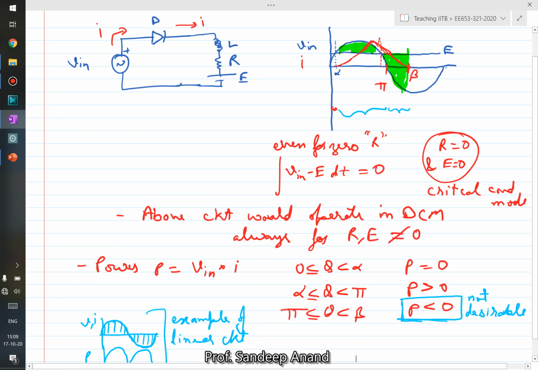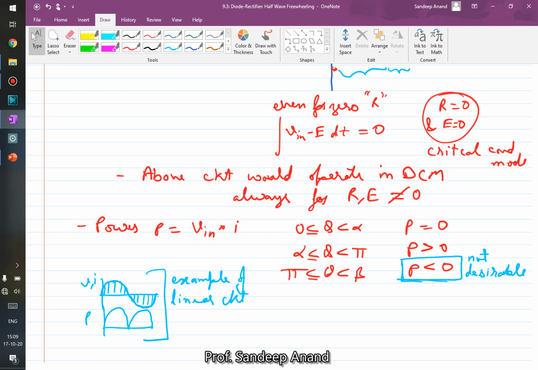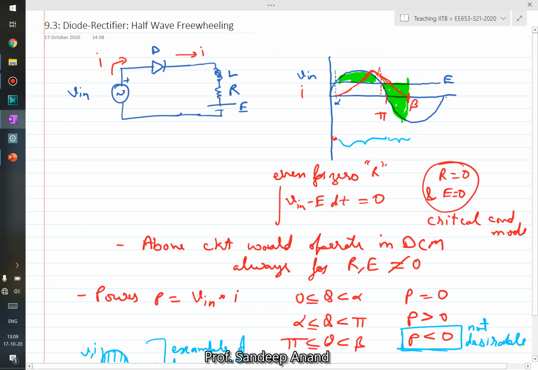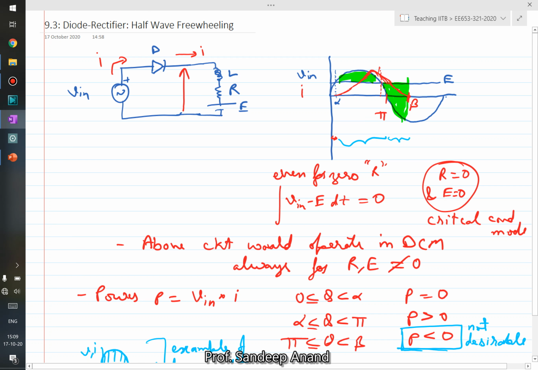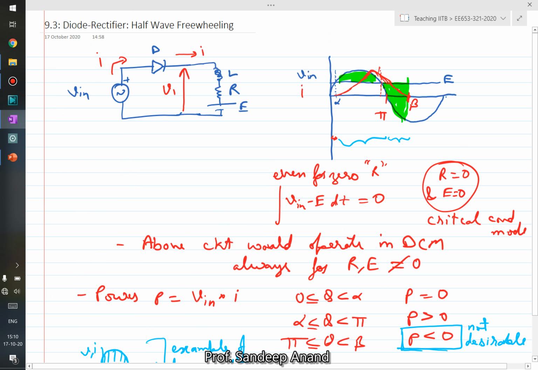Before going ahead, let me tell you one more limitation, which is in a way related to the same thing. If you write this expression, let me call it V1. Now what is the waveform of V1? Let me try to draw it in this same diagram.